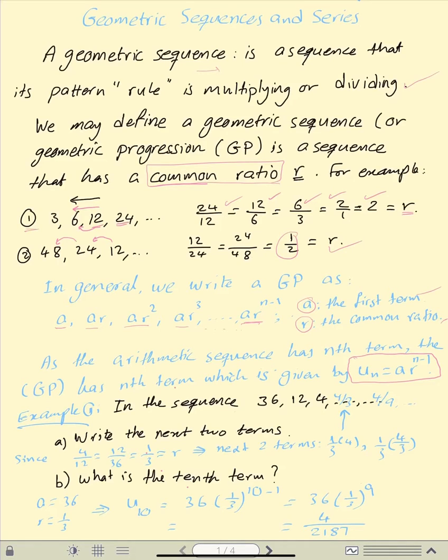What's the rule? 4 divided by 12 is equal to 12 divided by 36, which is a third. So R is a third. What's the next term? A third times 4 is 4 over 3. A third times 4 over 3 is 4 over 9.